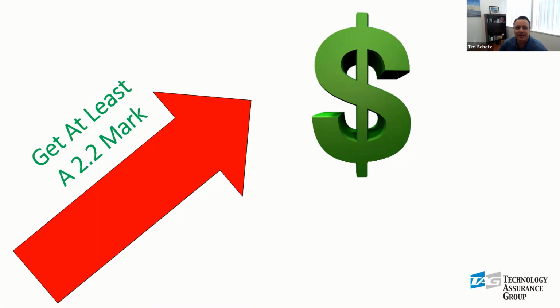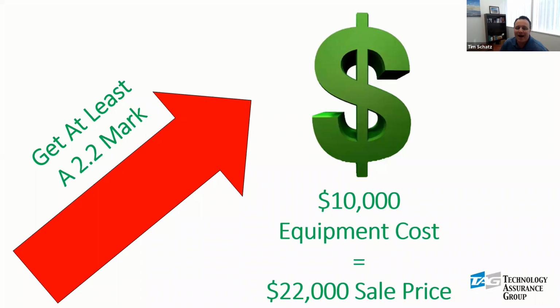What that means, in our parlance, is that if we buy $10,000 worth of hard cost equipment from a Zultys, from an NEC, from any other phone dealer, or any type of equipment that you're buying, like Hikvision for cameras and any of that equipment that comes in, we're typically going to sell it to the end user for around $22,000.